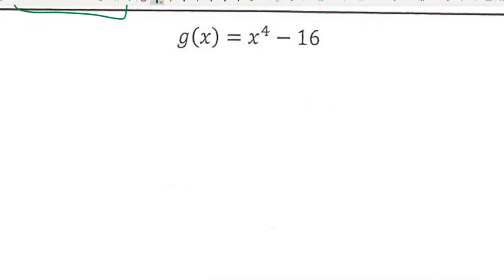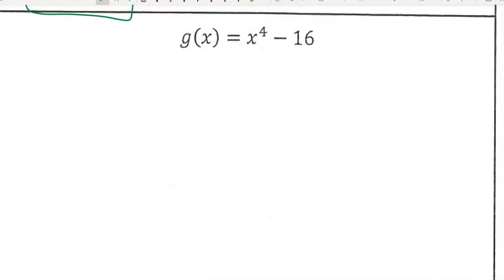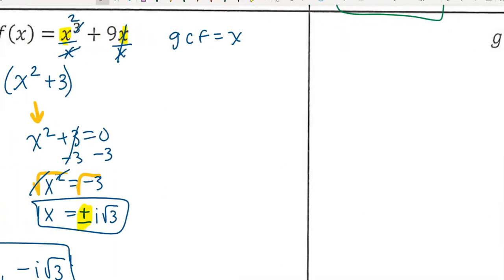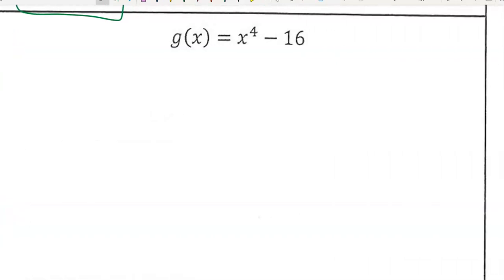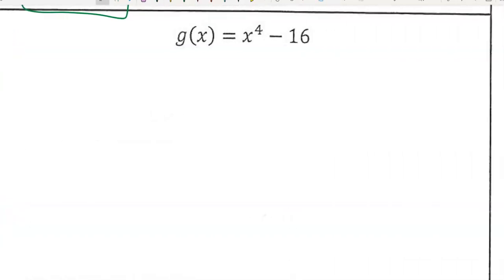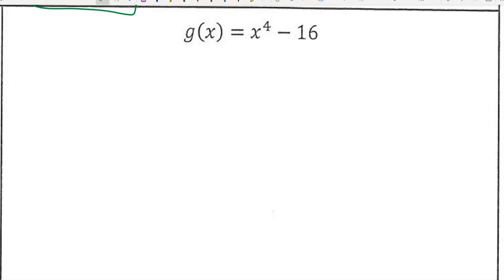All right, moving on to the next question. Here we have g of x equals x to the 4 minus 16. Okay, let's go ahead and see what we can factor out. We have x to the 4 and 16, which are both perfect squares. So this here is going to be a difference of squares.